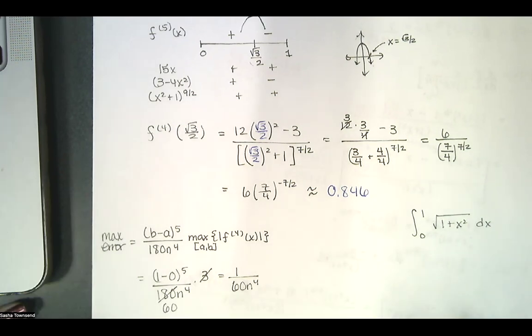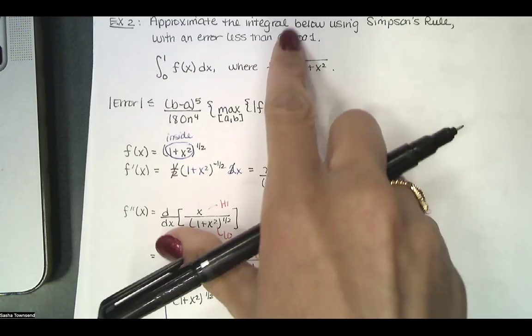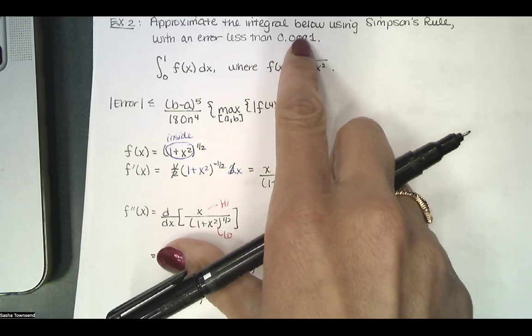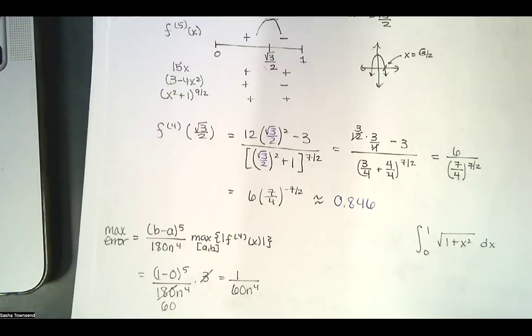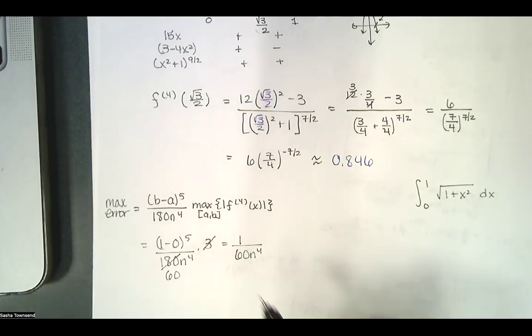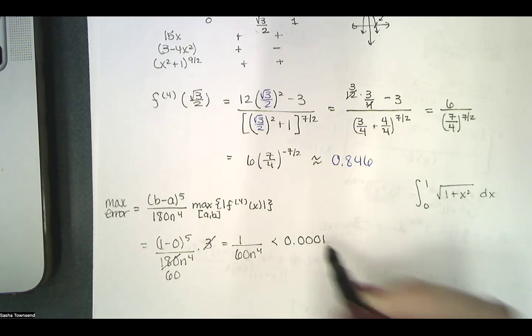And in the problem statement, I think we said, where did it go? We want our error to be less than 0.0001. And this is the maximum error. So we want this quantity to be less than 0.0001.